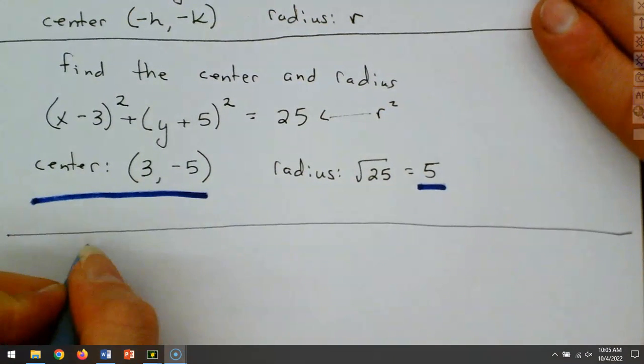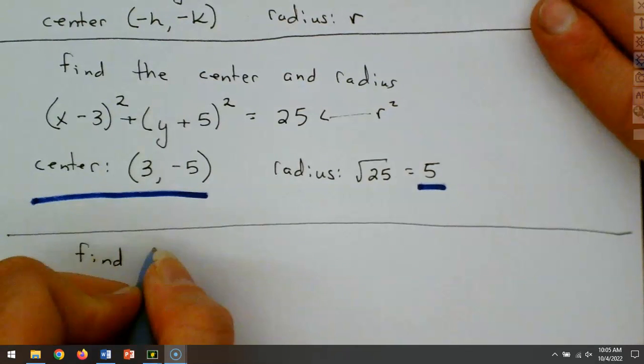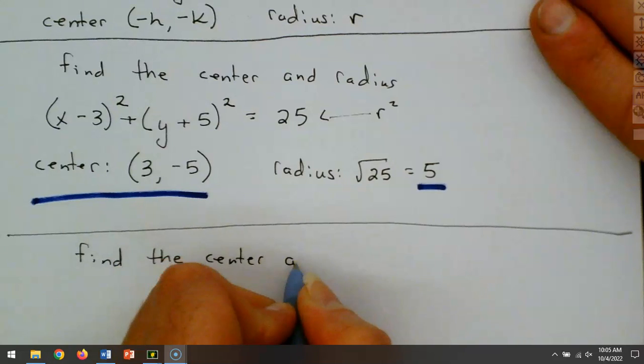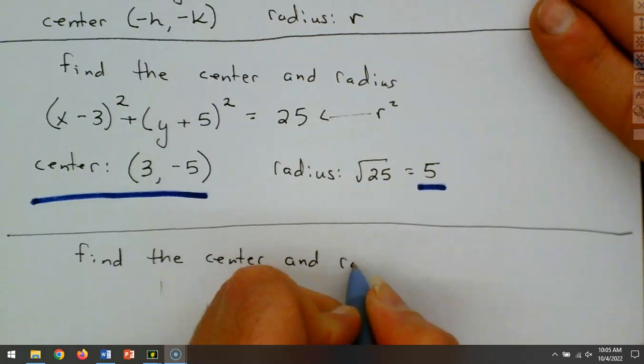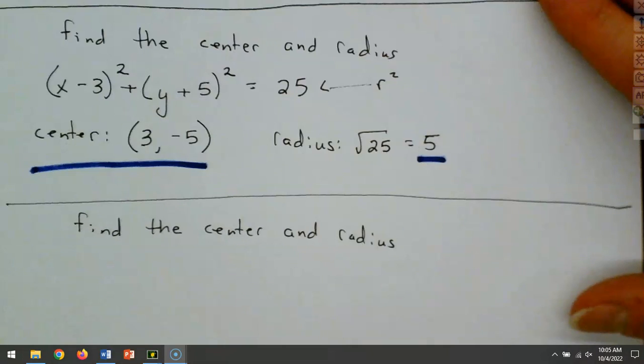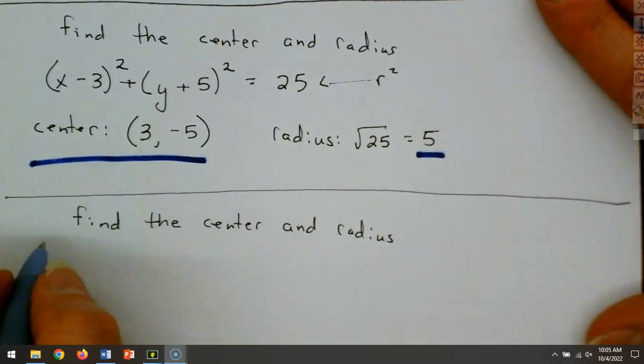Let's do another one. Okay, let's try to find the center and the radius.